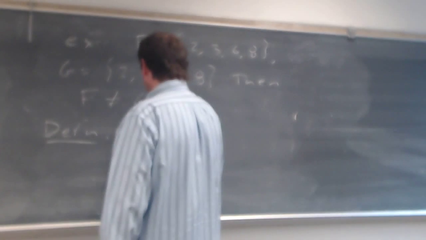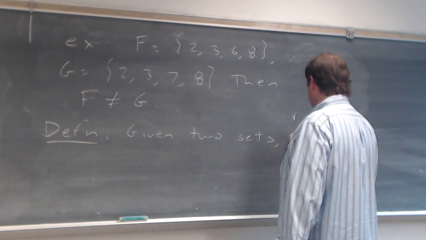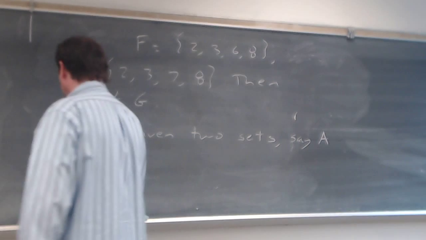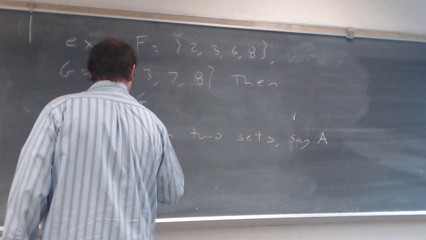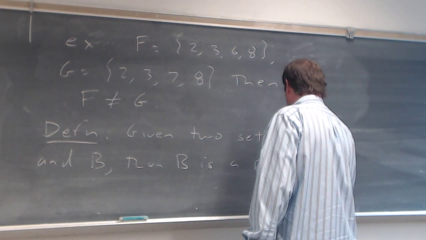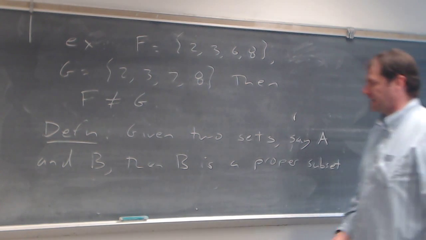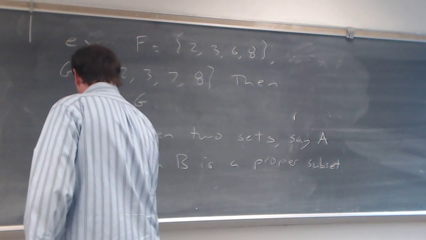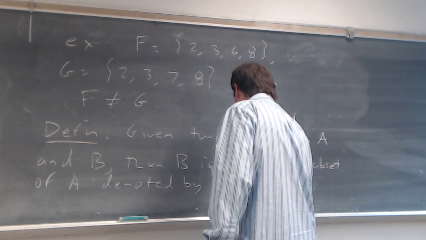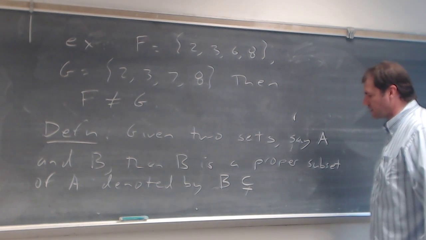So we say, given two sets, say A and B, then B is a proper subset of A, denoted by B, and then we have a subset symbol, but instead of just having exclusively the subset symbol, with this line underneath, I put a slash through it.